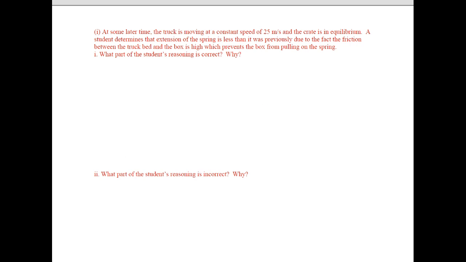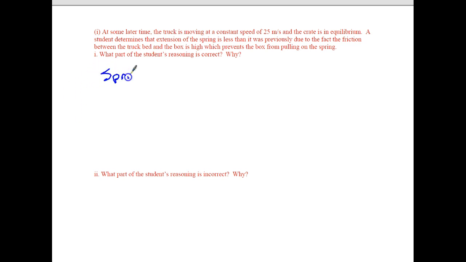It says, at some time later, the truck is moving at a constant speed of 25 and the crate is in equilibrium. A student determines that the extension of the spring is less than it was previously due to the fact that friction between the truck bed and the box is high, which prevents the box from pulling on the spring. They want to know what is correct about what the student says, and the thing that is correct is the spring extension.